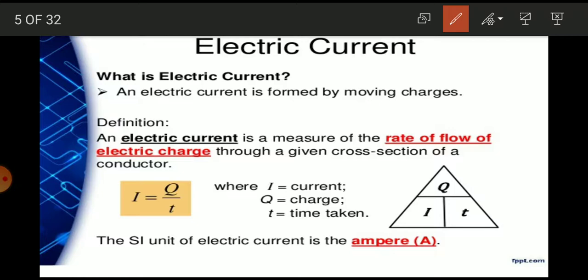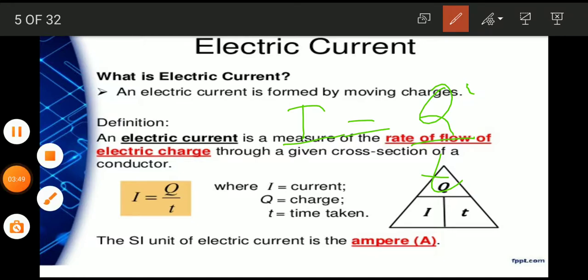Electric current is charge per unit time. Q represents charge and t represents time.